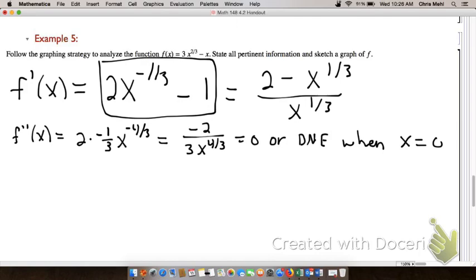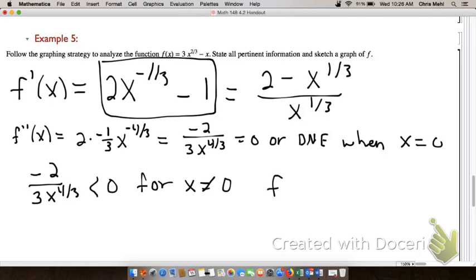Now, other than at 0, the second derivative, negative 2 over 3x to the 4/3, is less than 0 as long as x does not equal 0. So the second derivative is always negative.